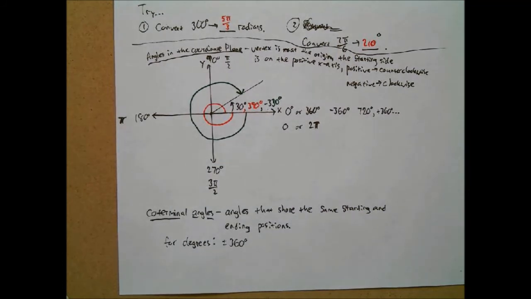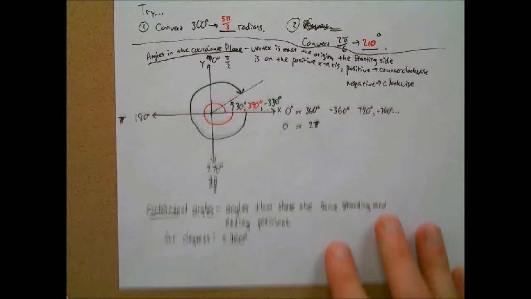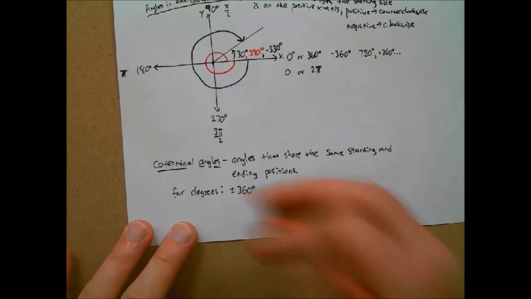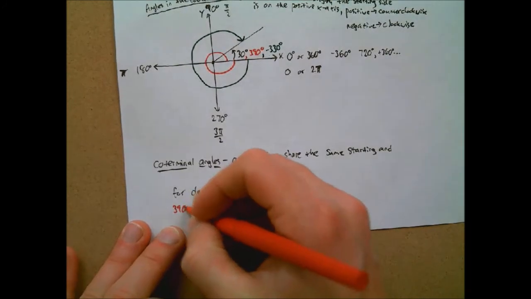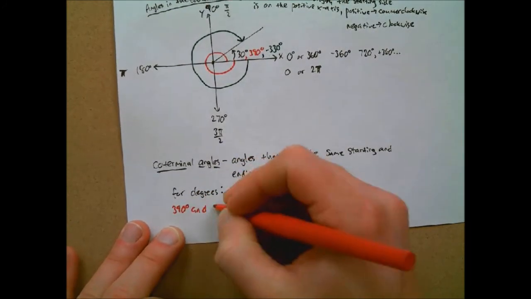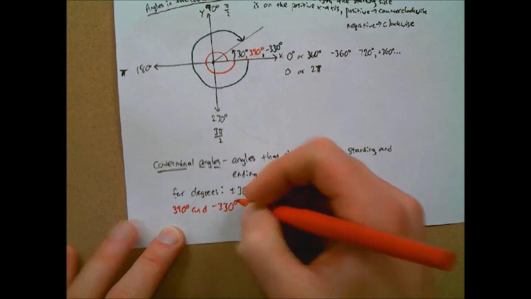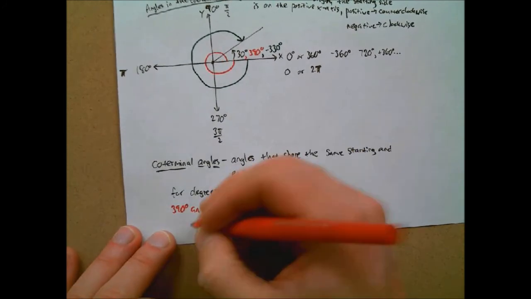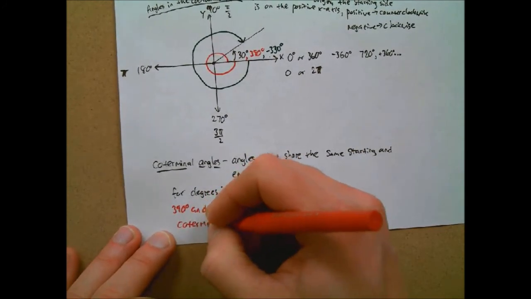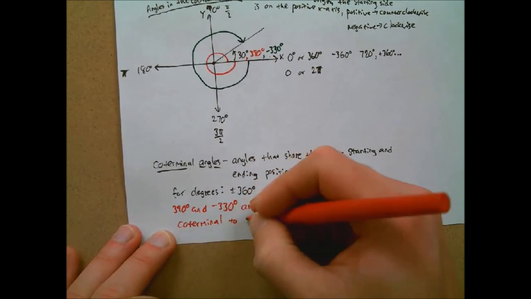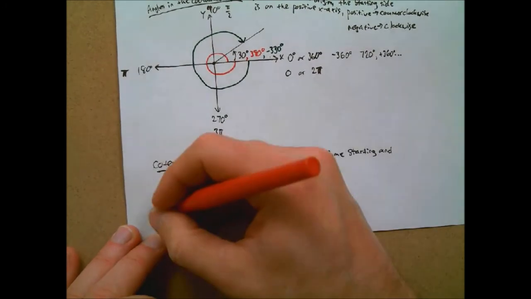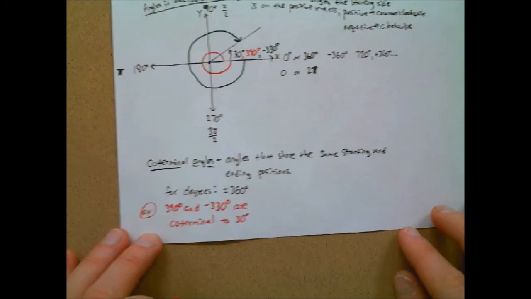Keep adding 360, keep subtracting 360 to those angles, and you'll come up with more coterminal angles, an infinite number of them. So I'll put down here, just as an example, 390 degrees and negative 330 degrees are coterminal to 30 degrees.